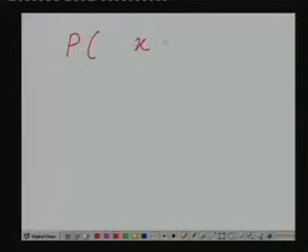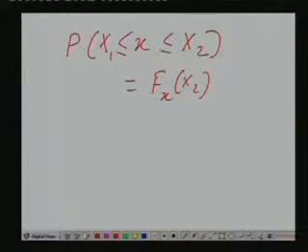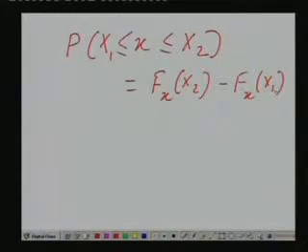Next, the probability of this, given two such numbers x1 and x2, what is the probability of this? This is equal to actually, again, this is not very difficult.